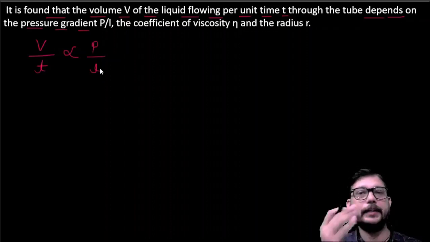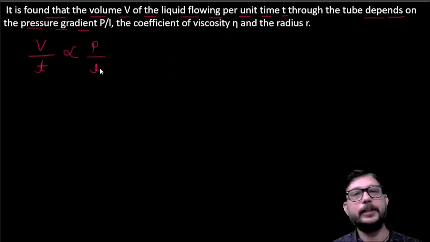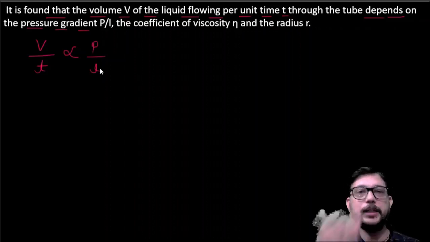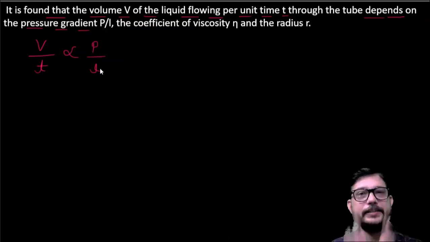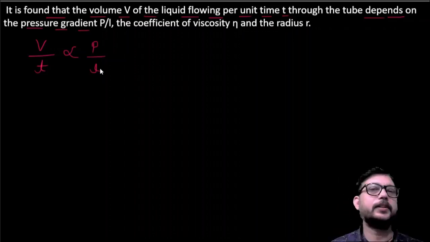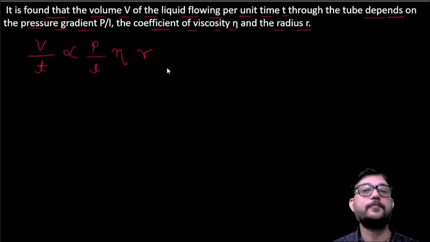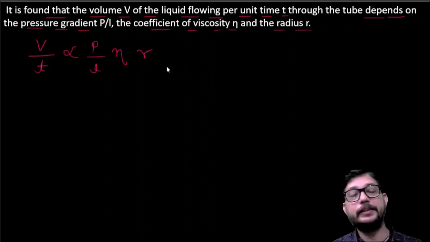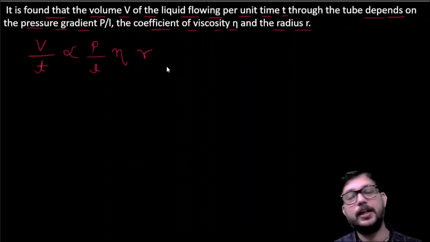The force gradient is F upon L, the velocity gradient is V upon L, and the pressure gradient is P upon L. It also depends on the coefficient of viscosity eta and the radius of the tube r. So V upon T is directly proportional to P upon L times eta times r.